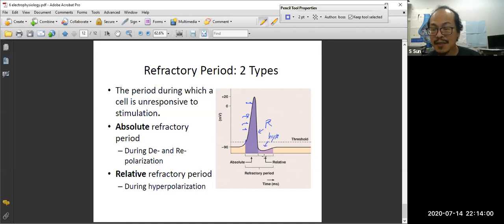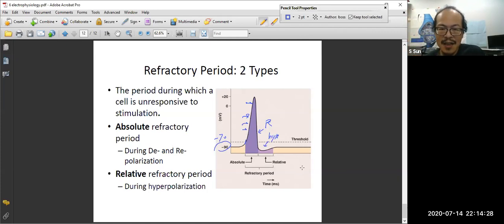You stimulate it, it will be difficult because now it's hyperpolarized. It's too negative, so you need to push it harder. In the resting state, in this case, it is minus 90, right? So you only need to bring it, say, to minus 70. This is threshold, for example. You only need to increase 20 to trigger an action potential.